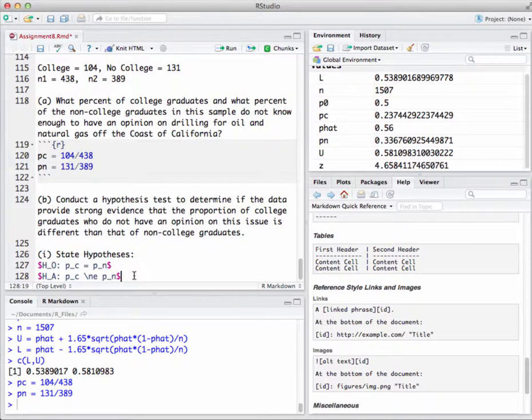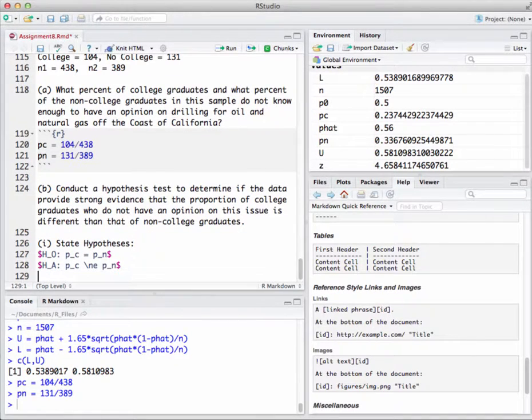Okay, so that's the null and the alternate hypotheses, but I do need to come in and say something about my assumptions. The assumptions here basically is what we want to decide is whether or not we can say something about p times n, whether or not that is going to be greater than or equal to 10.